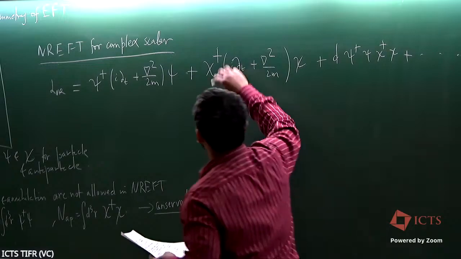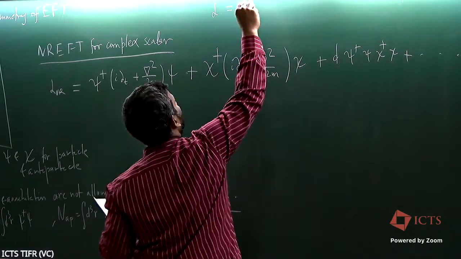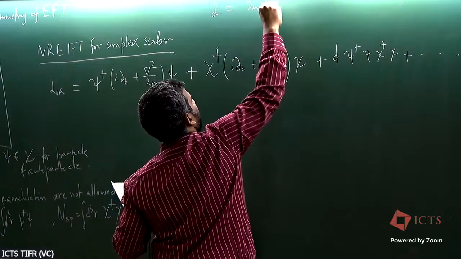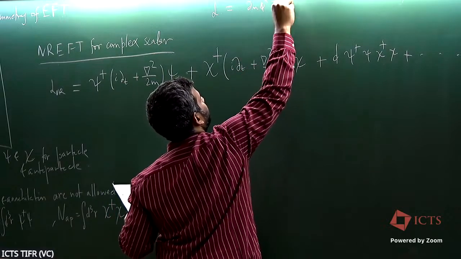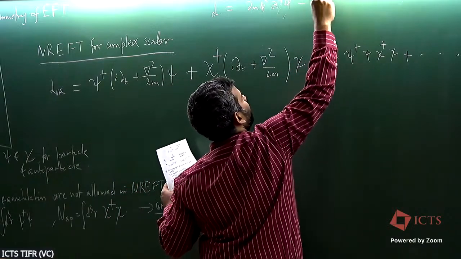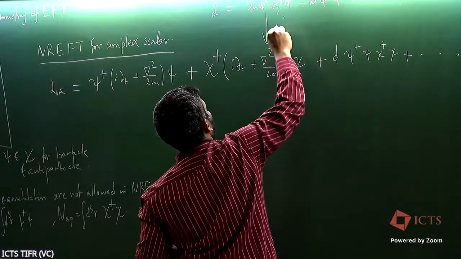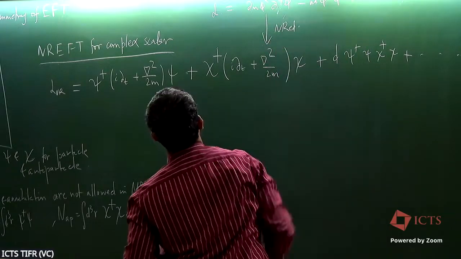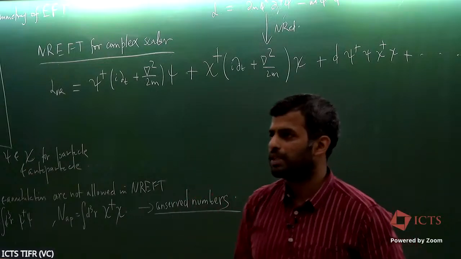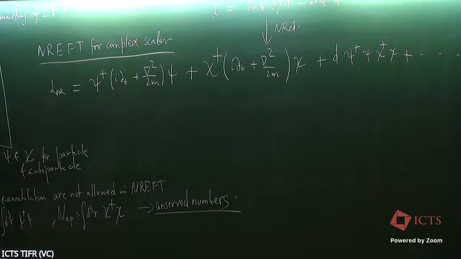So this would come from a complex Lagrangian, that is my del mu phi star, del mu phi. If I do non-relativistic reduction, this is what I get. Again, this is left as an exercise for you. It's just pure algebra, so nothing much to be learned here.